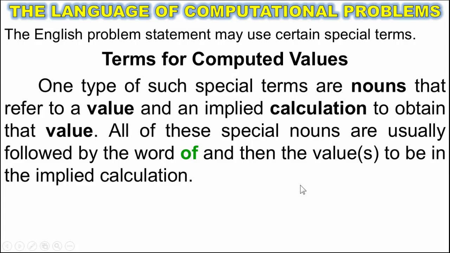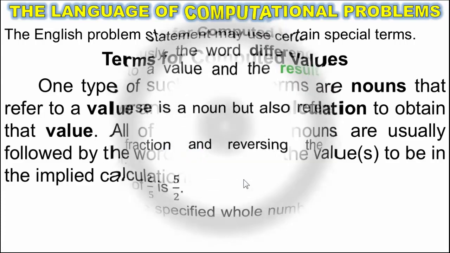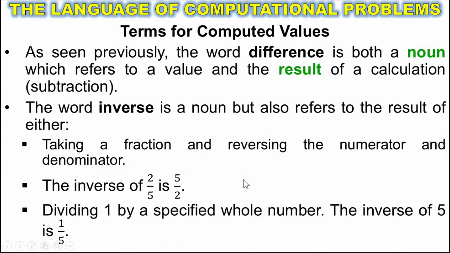All of these special nouns are usually followed by the word of, and then the value or values to be used in the implied calculation. As seen previously, the word difference is both a noun, which refers to a value, and the result of a calculation. The word inverse is a noun, but also refers to the result of either.